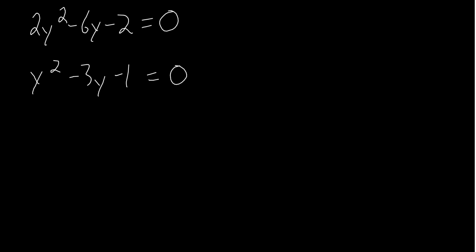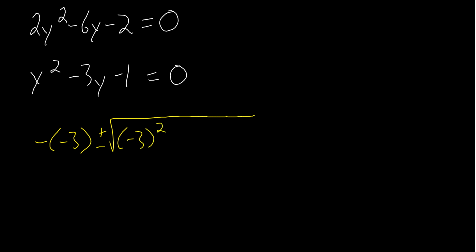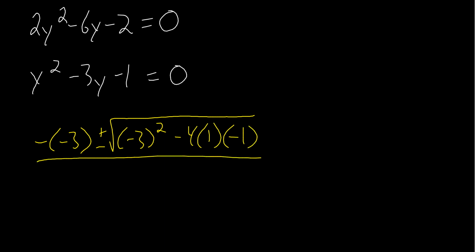We're going to do negative b, so negative 3, plus or minus the square root of b squared, which is negative 3 squared, minus 4 times a, which is 1, times c, which is negative 1, all over 2a, which is 2 times 1.